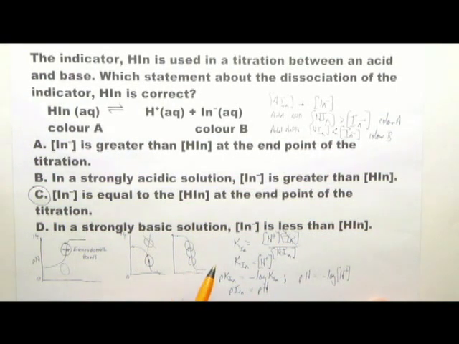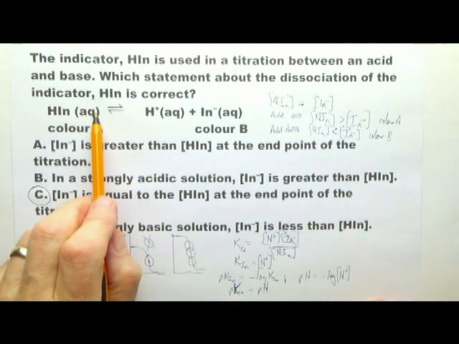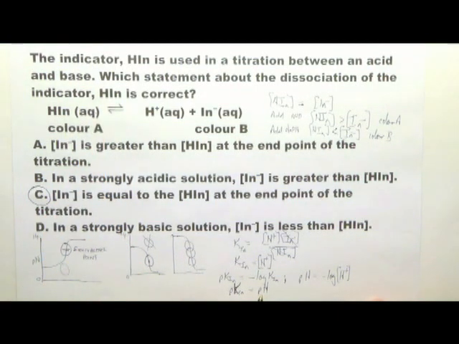So if we know the pK value of this indicator, this weak acid indicator, we know the pH value at which it changes there or there.